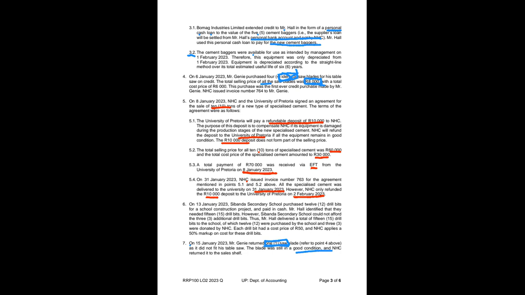The contra entry to that can be number one, income received in advance 60,000 rand, or trade creditor 60,000 rand, right? Both those accounts, income received in advance and trade creditors, are a liability account. But what is incorrect is for us to say trade receivables or debtors control 60,000 rand.